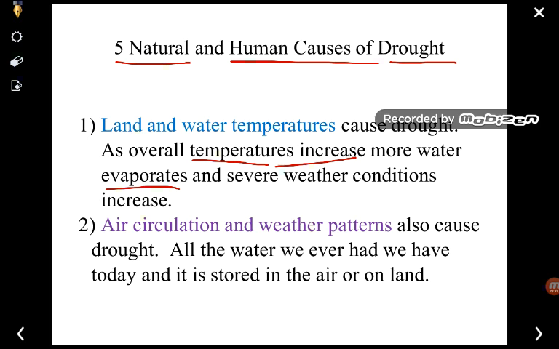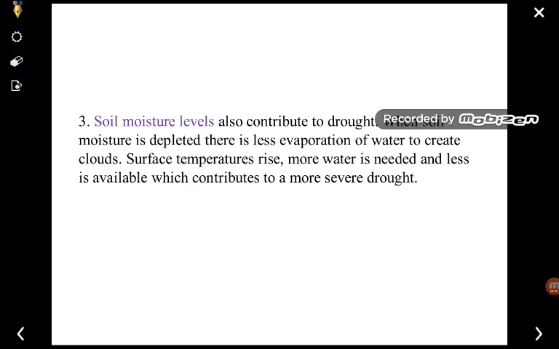Next is air circulation and weather pattern. It is again one of the reasons for the drought, because all the water we ever had, either in air form or moisture form, used to get exhausted. Next is the soil moisture level. It is also one of the contributions to the drought.